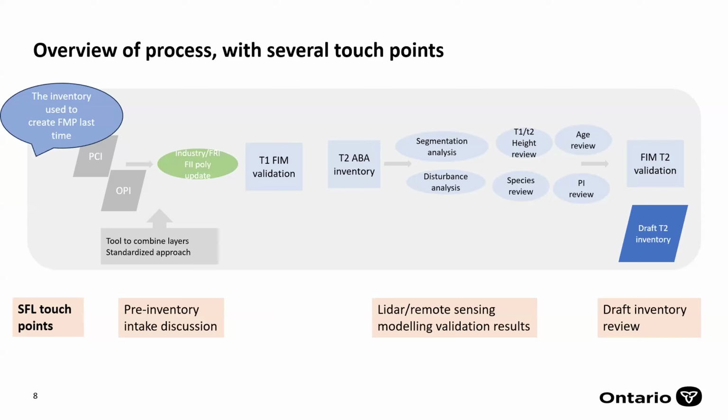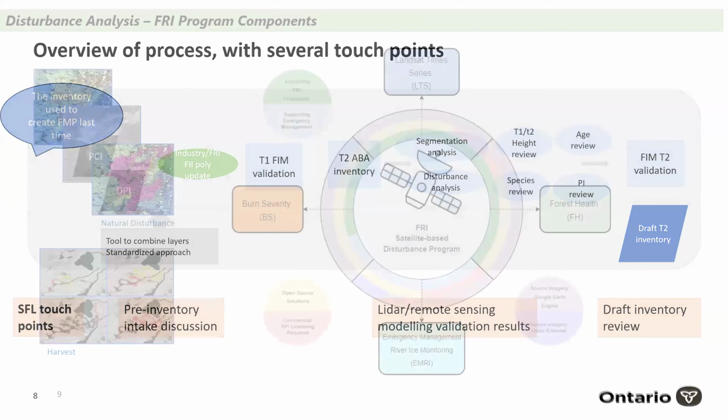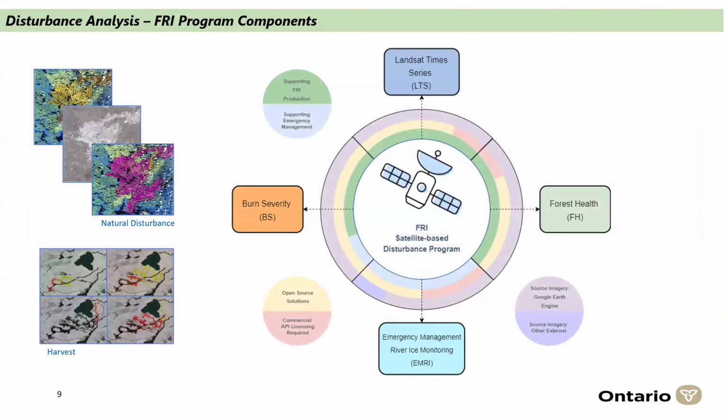We've got 3 touch points where we sit down, formalize discussions, and then there's several discussion points in between these communications that we have. So I will turn it over now to Ian Smyth, and he can start to walk us through the disturbance components of the presentation.